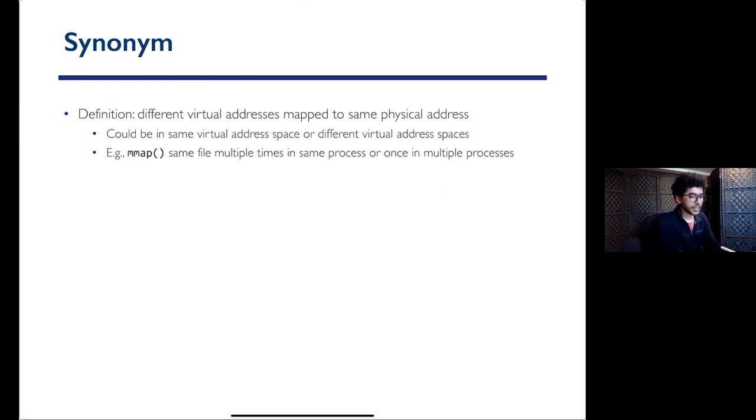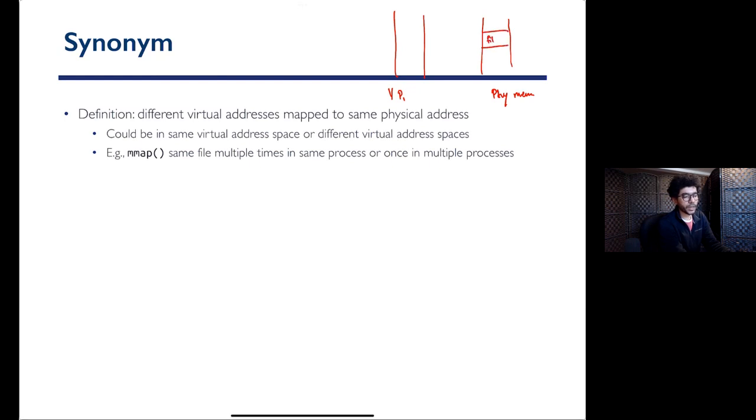So what happens is, the first time you do a memory map, this is the virtual address space of process P1, right? And then let's say this is the physical memory, and this is virtual memory. So the operating system brings this file here.